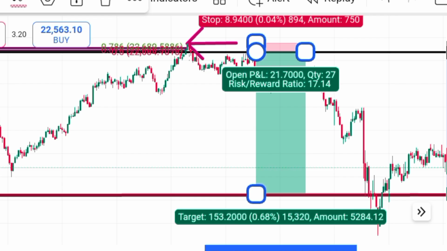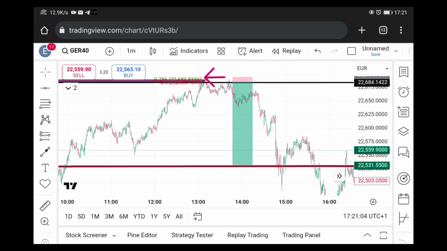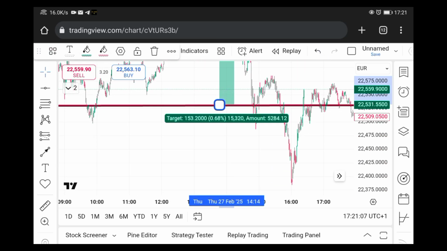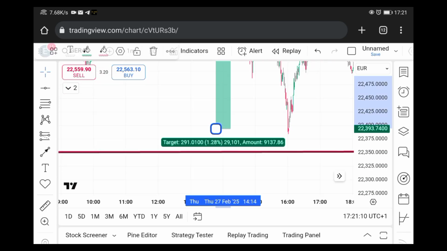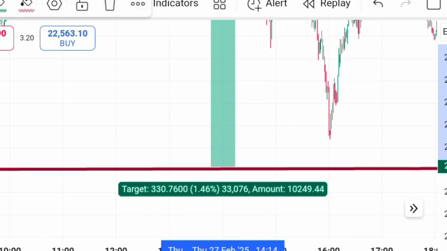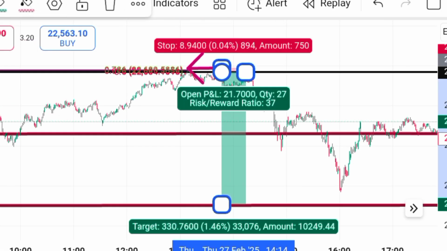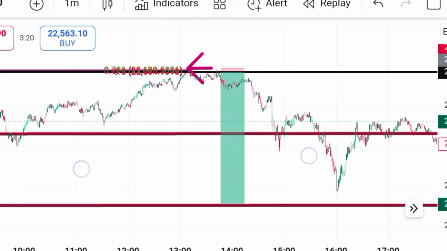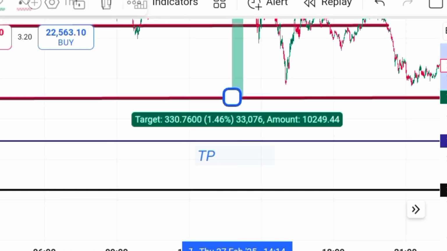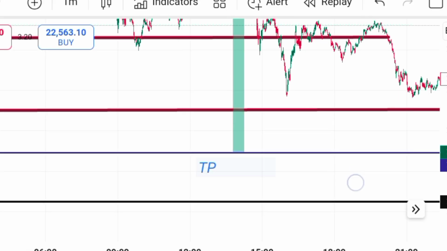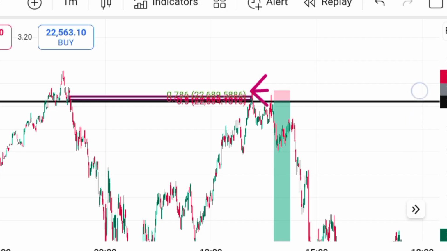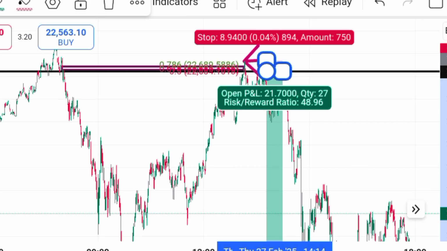That is our first TP on the H1. Then our second TP, which is this one, was able to give us 1:37. And our last TP, which is this very one, that one there, was able to give us 1:48. So this is how you can make use of this from H1 to your 1 minute.